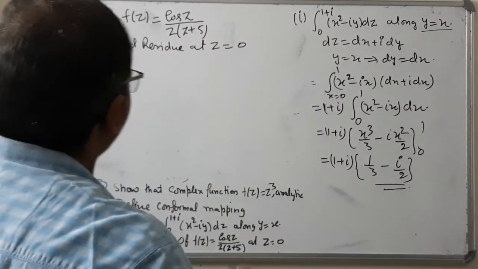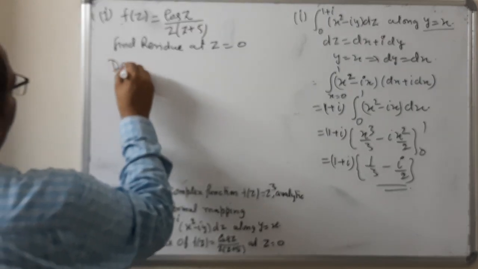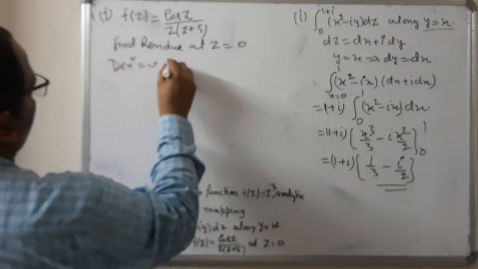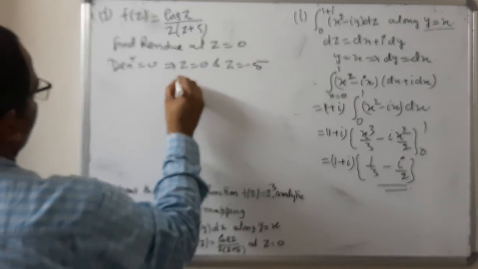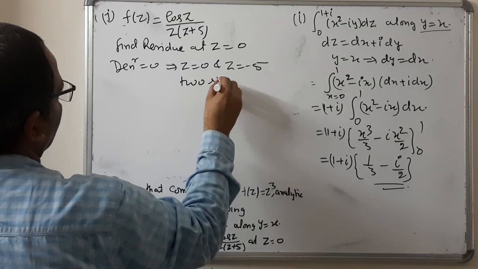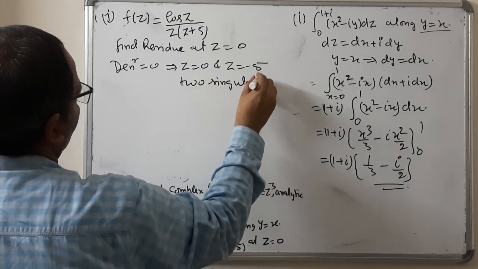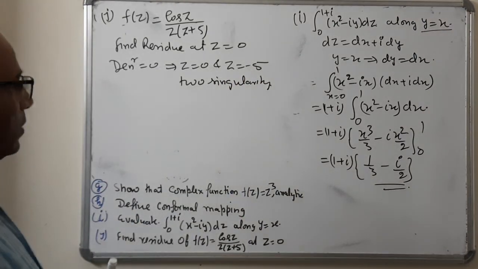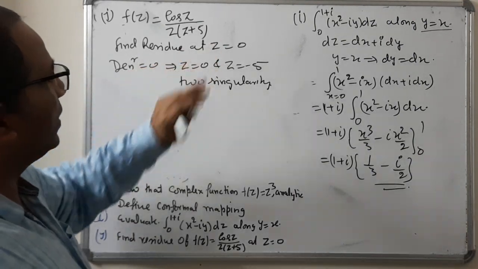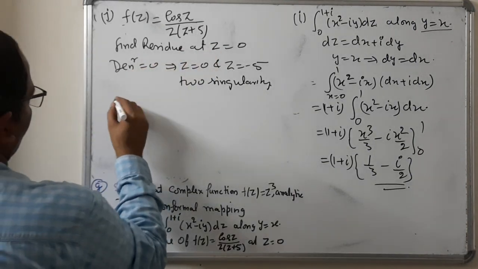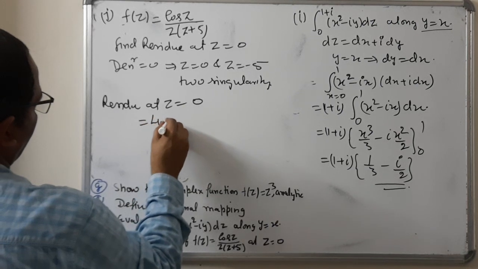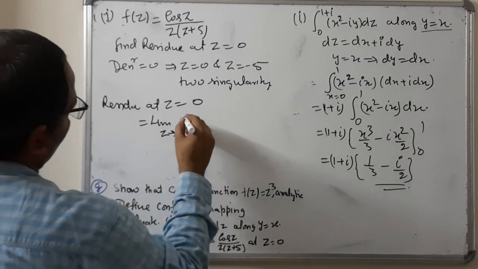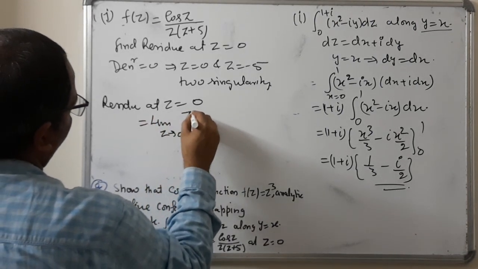First you can see here, if we put the denominator equal to 0, we get z equal to 0 and z equal to minus 5. Two singularities are there. And the question asks only for the residue at z equal to 0. The residue at z equal to 0 is the limit as z tends to 0 of (z minus z0) times f(z).